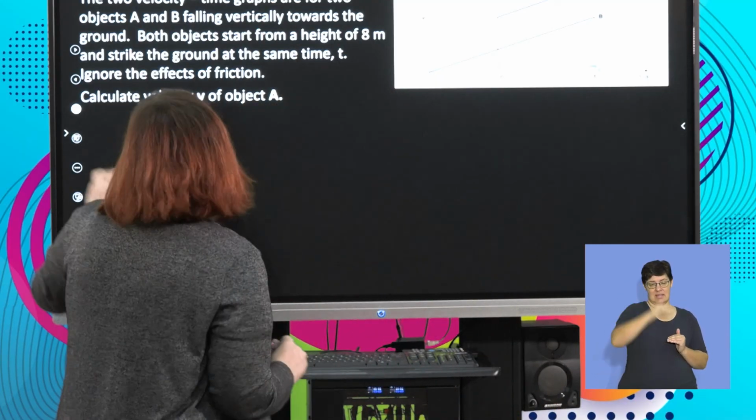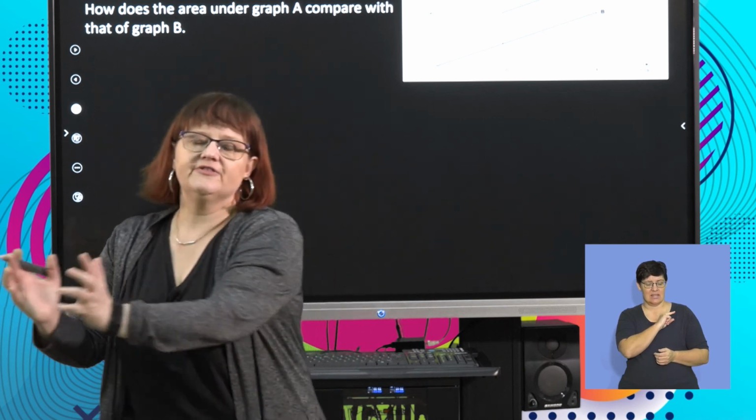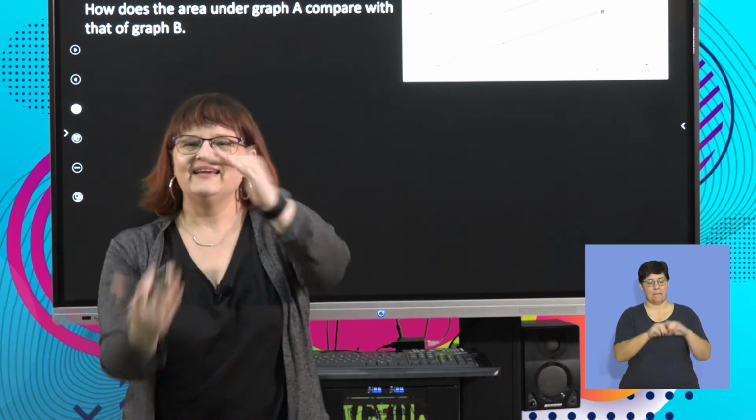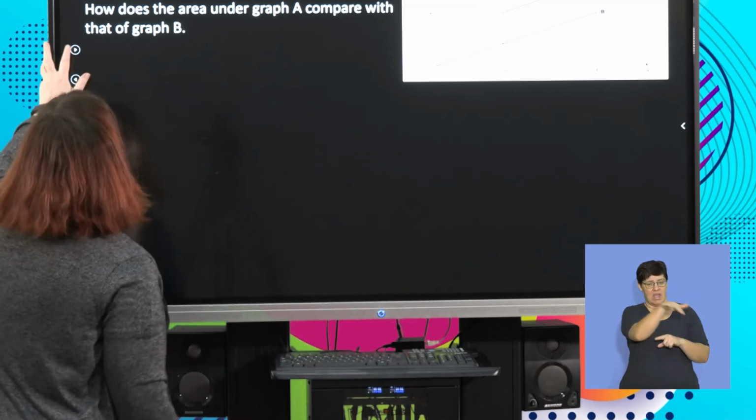Might have been a little difficult to put in here, sorry. Okay, how does the area, and that's what we've just done, the areas are the same. Why? Because they fell the same distance. Their displacement is equal, so their area is equal.